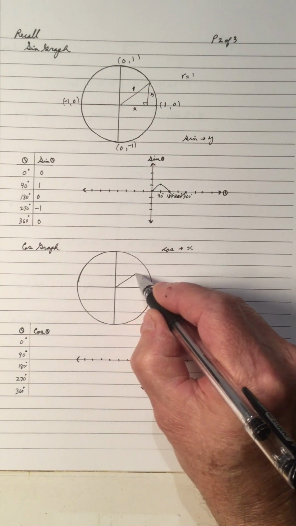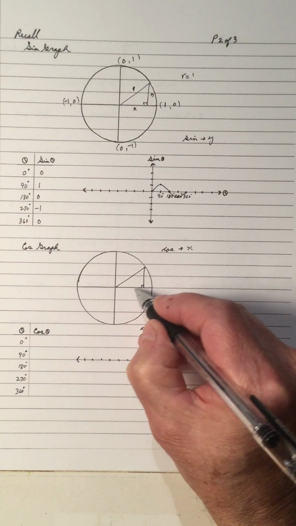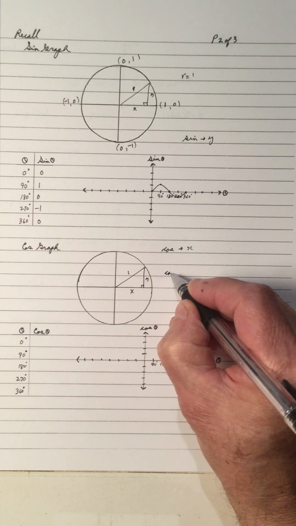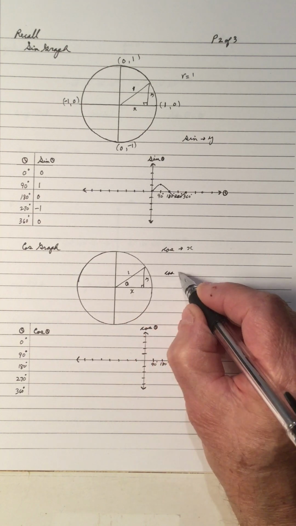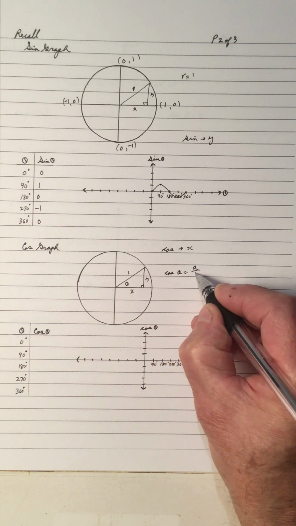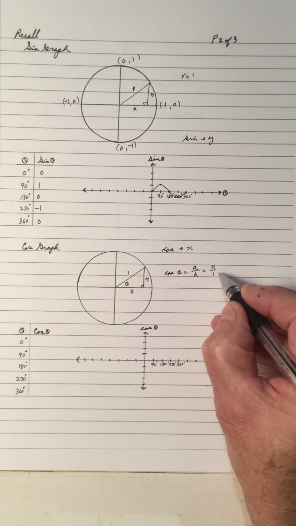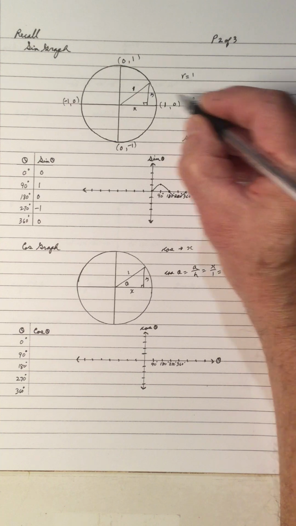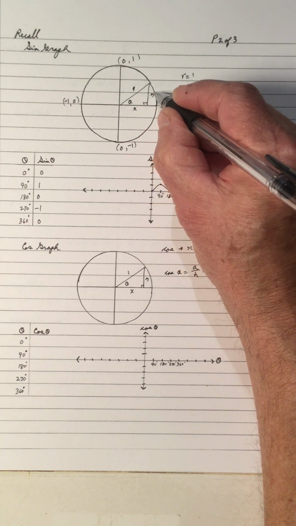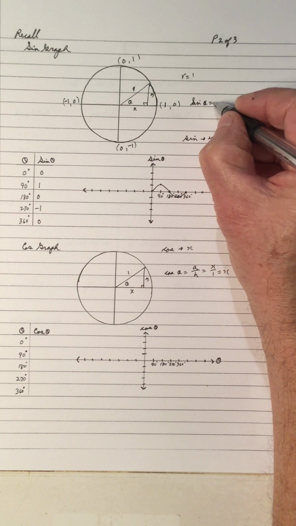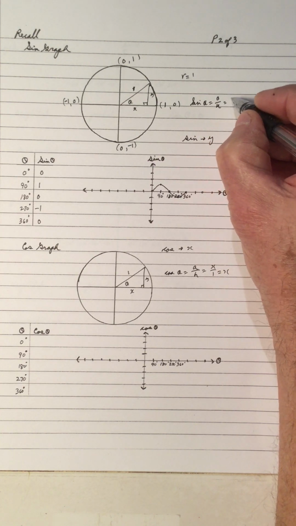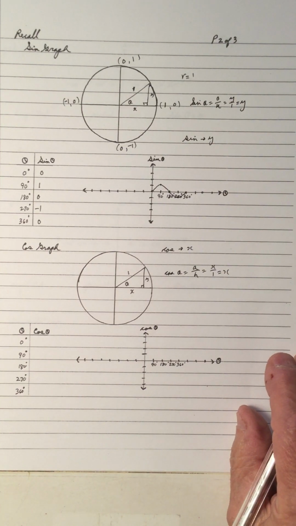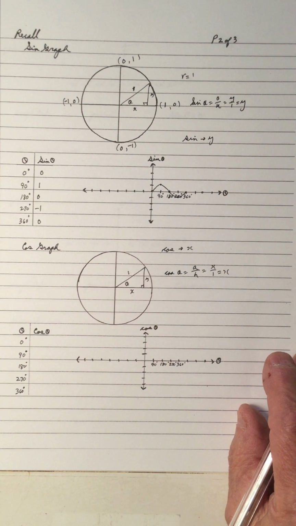On the same diagram, the cos of this angle theta is adjacent over the hypotenuse, so that's the x over 1, which is the x. The sine of theta is the y over 1, which is the y. So sine is associated with the y, cos is associated with the x.